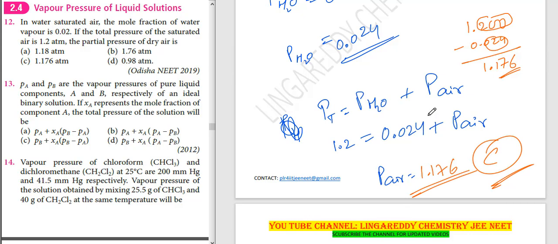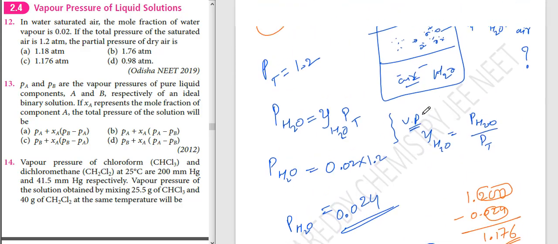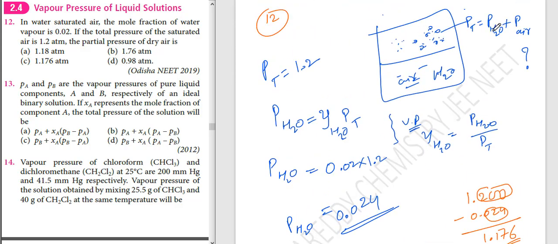Understood? What I did again, see, P total equal to P H2O plus P air. So here mole fraction is given 0.02. Which mole fraction? Here Y H2O mole fraction is given 0.02. Okay, mole fraction not in liquid phase, it is given in the vapor phase.